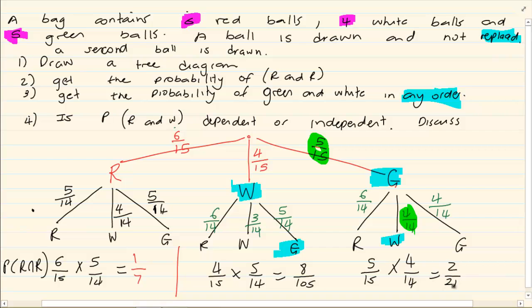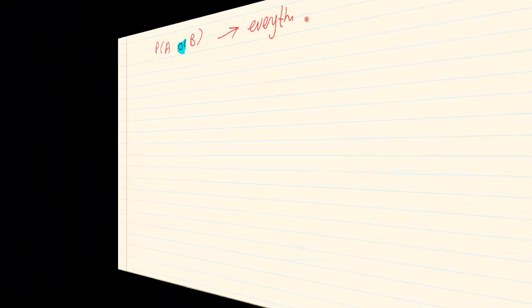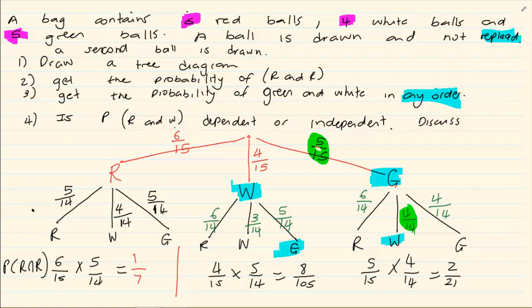Now because they say any order, the concept of any works with or. If you remember from your grade 10 work, I had mentioned that or means take everything. Now when they tell us that it can be in any order, that means it's an or. I can take white and green, or I can take green and white.